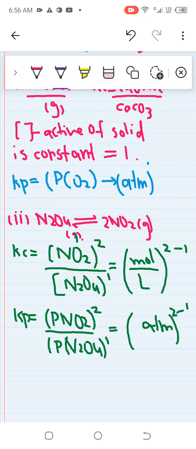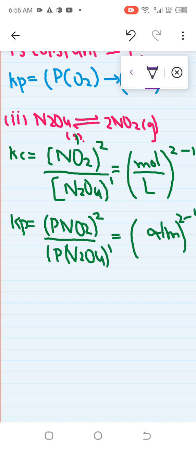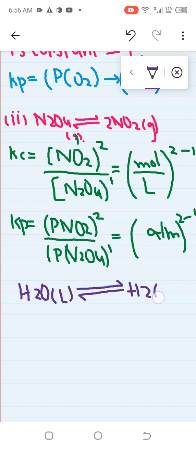After that, let's take another example. We have N2H2O2, which is a liquid, forming H2O, which is a gas.